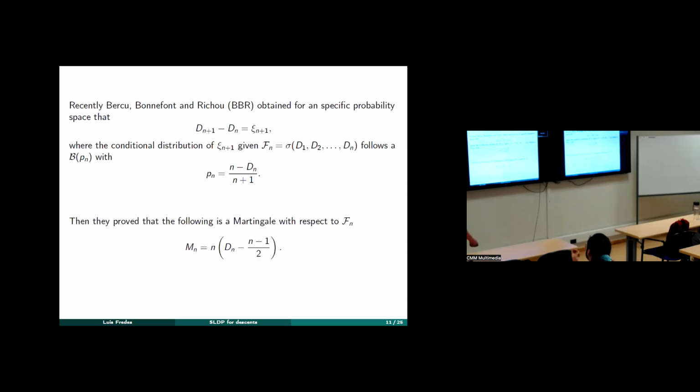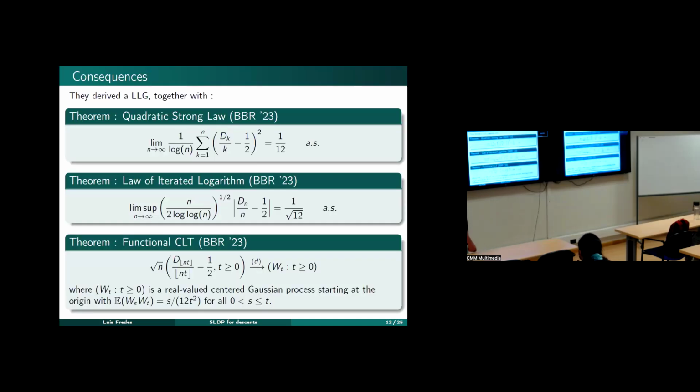Thanks to this, they could prove that there is a martingale, which is the natural object that appears in this context, and of course, lots of theorems that come from the martingale side. These are not trivial results, but still there are a lot of tools to prove this kind of results.